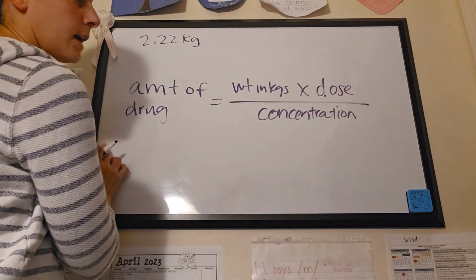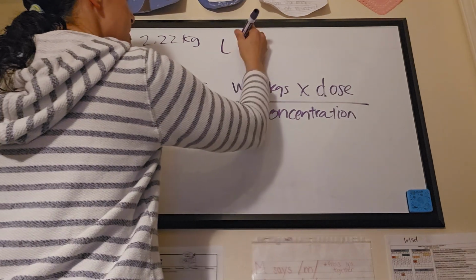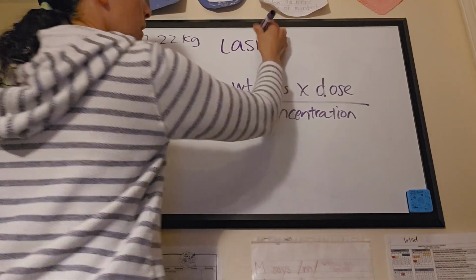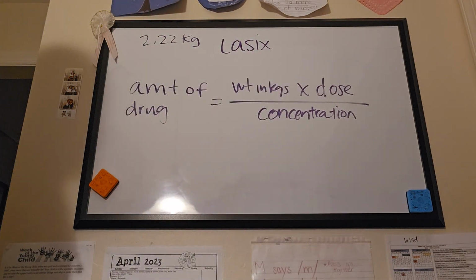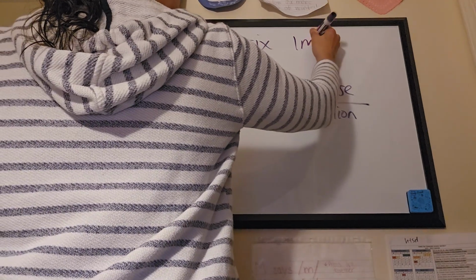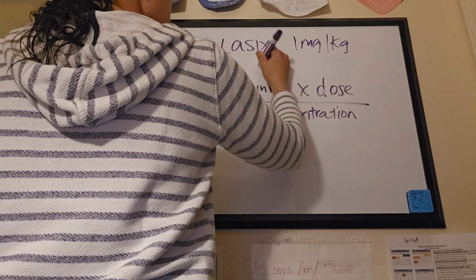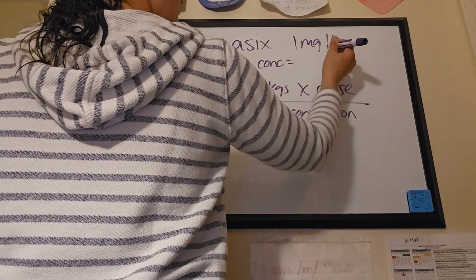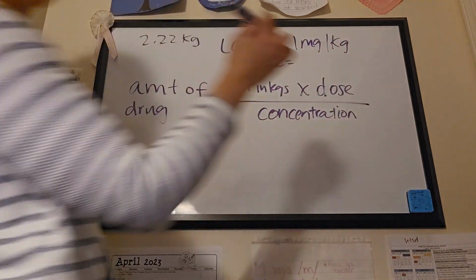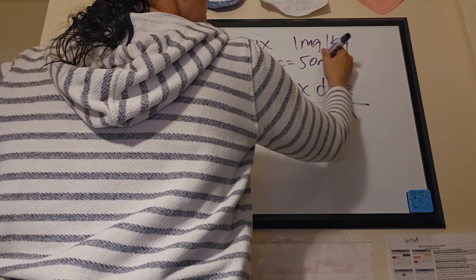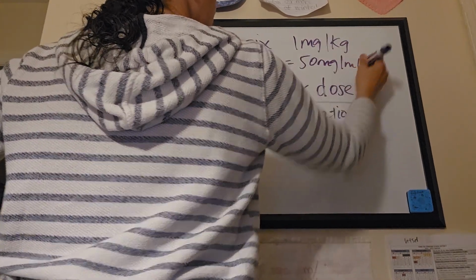All right, let's do the next one. So Lasix, the dose of Lasix is 1 mg per kg, and the concentration is 50 milligrams per ml.